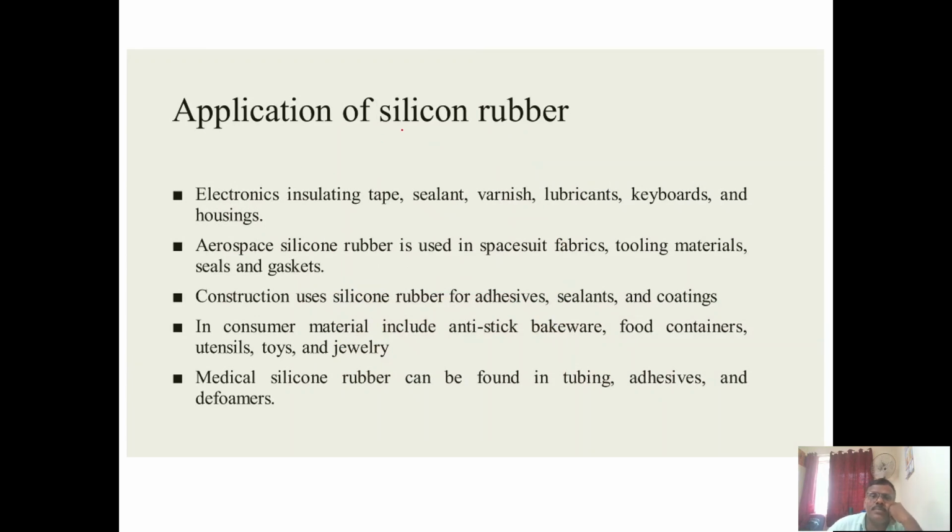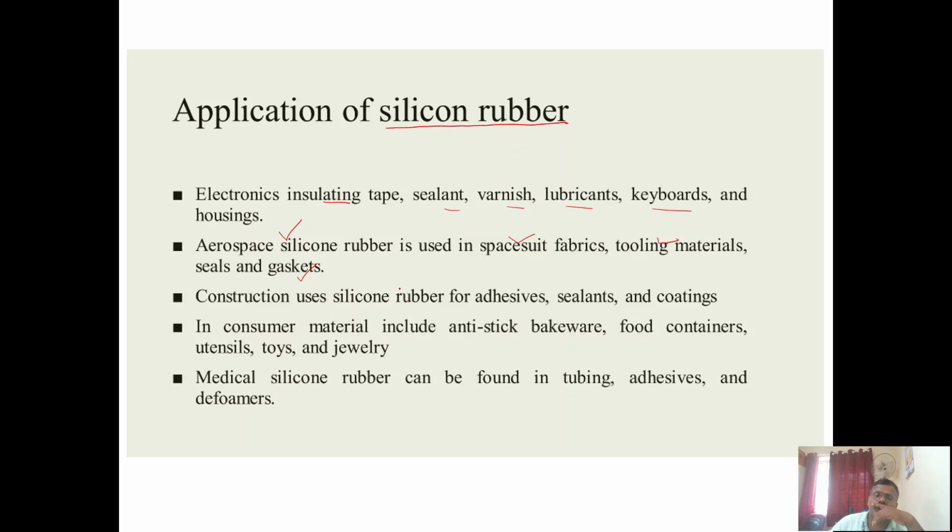Applications of silicone rubber: electronics, insulating tapes, sealant, varnish, lubricants, and keyboards and housings. In aerospace, silicone rubber is used in spacesuit fabrics, tooling materials, seals, and gaskets.